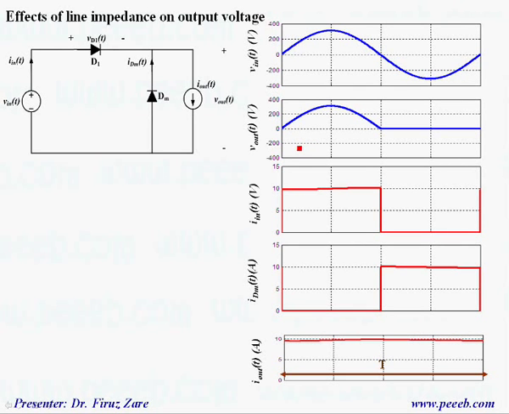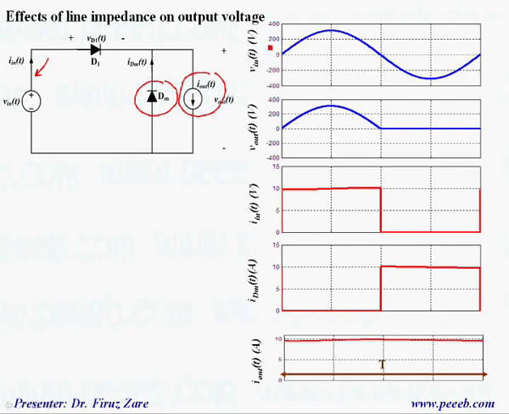Now let's analyze the effects of line impedance on the output voltage. In this case there is no line impedance. So what happens in a simple diode rectifier when we have a freewheeling diode? Suppose we have a pure inductive load, which can be defined as a current source.